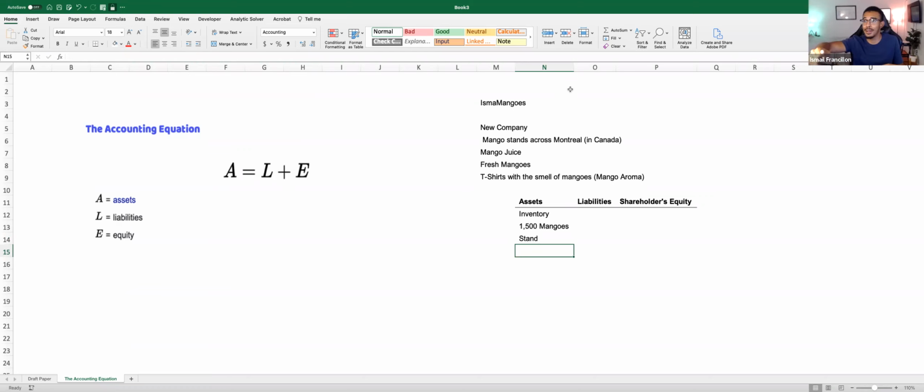That's an asset. Okay, then what about another asset that we could have? We could have merchandise, our t-shirts, right? Our tees, as part of our assets as well. So that's a funny way to just discuss a few types of assets that we could have.